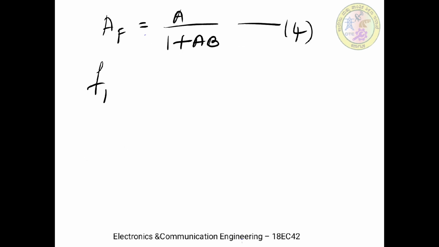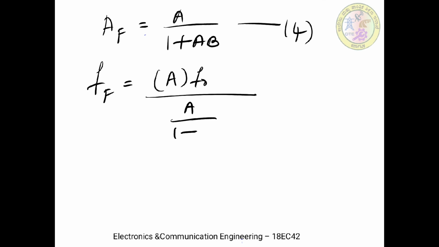So FF, that is the break frequency in case of feedback, is given by A into F naught divided by A by 1 plus AB.